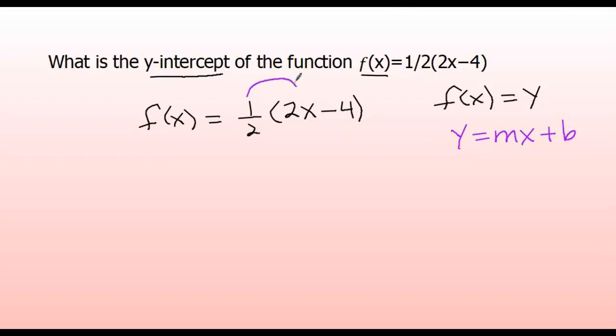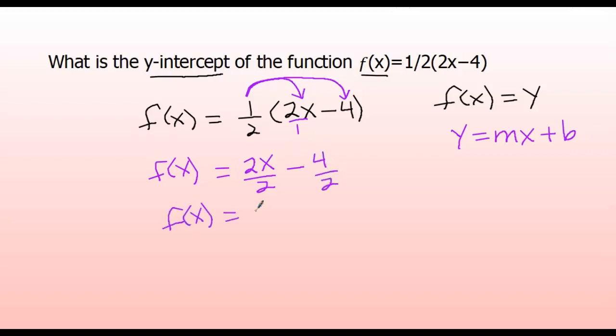So here we have to open the parenthesis, or the bracket. If we do that, half times 2, every number is over 1, so this here is going to be 2x over 2, and then minus 4 over 2, which makes it 1x minus 2, which is the same as just x minus 2.